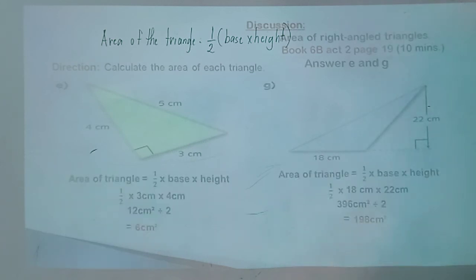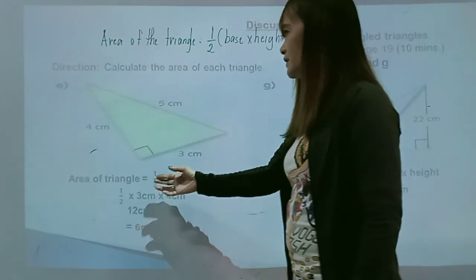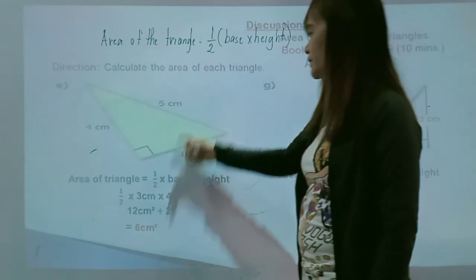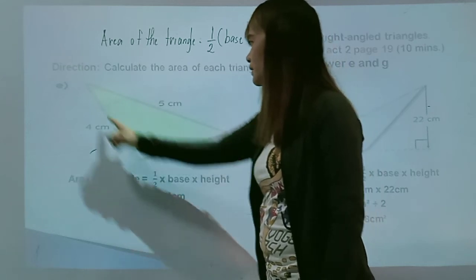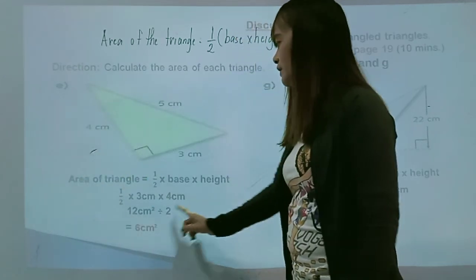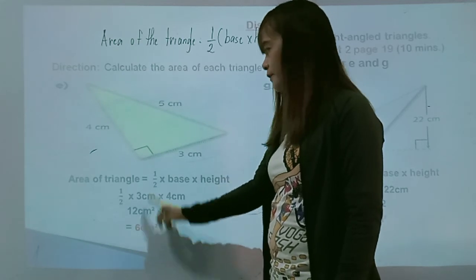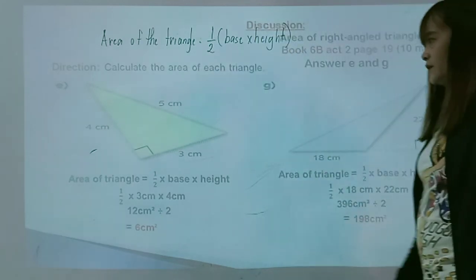Okay? So the answers are, again class, area of the triangle is equal to 1/2 times base times height. Okay, so the base is 3 centimeter and the height is 4 centimeter. So 3 times 4, it will give us 12 centimeter squared. We need to divide it by 2, so it will give us 6 centimeter squared.